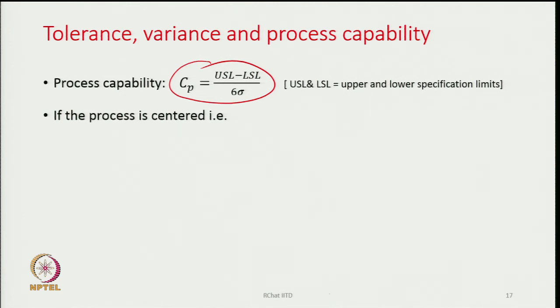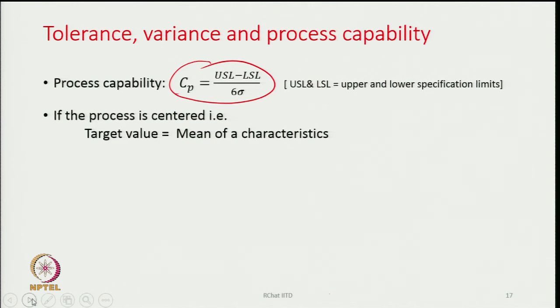We must get the product within these two limits. It could be anything for that matter, maybe dimensions, or it could be weight, any parameter they can say this is the limit. And the process variability is 6 times sigma. If we divide by this, then the value that we get is what is known as process capability.